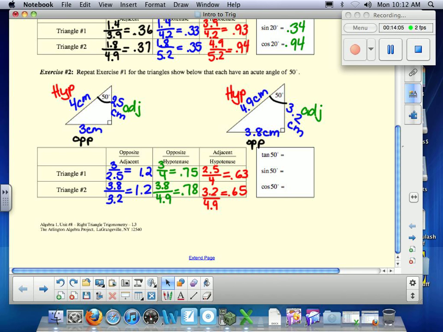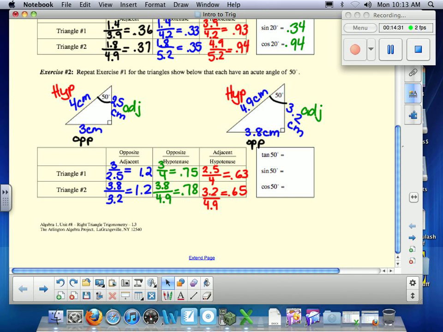It is time consuming for today's notes, but your homework is not as time consuming. We need to go to our handy dandy calculators, push your tan button and type in the number 50. And then get those values for sine and cosine of 50. And you should have some matches or some close values.